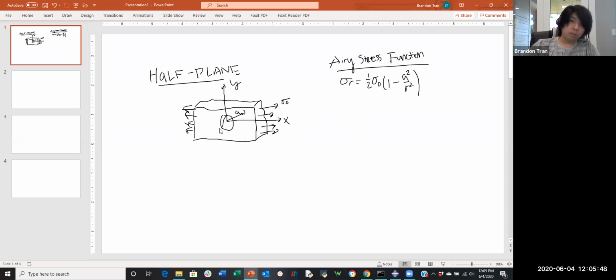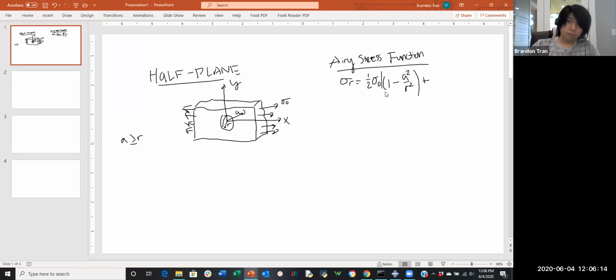R is the radius of the circle, but a is whatever radial distance you choose, as long as it's not less than r. Let me put this here: a must be greater than or equal to r. Otherwise, you're just analyzing empty space, and that leads to absolutely nothing. It gives you negative for a positive stress. So that's basically a no-go.